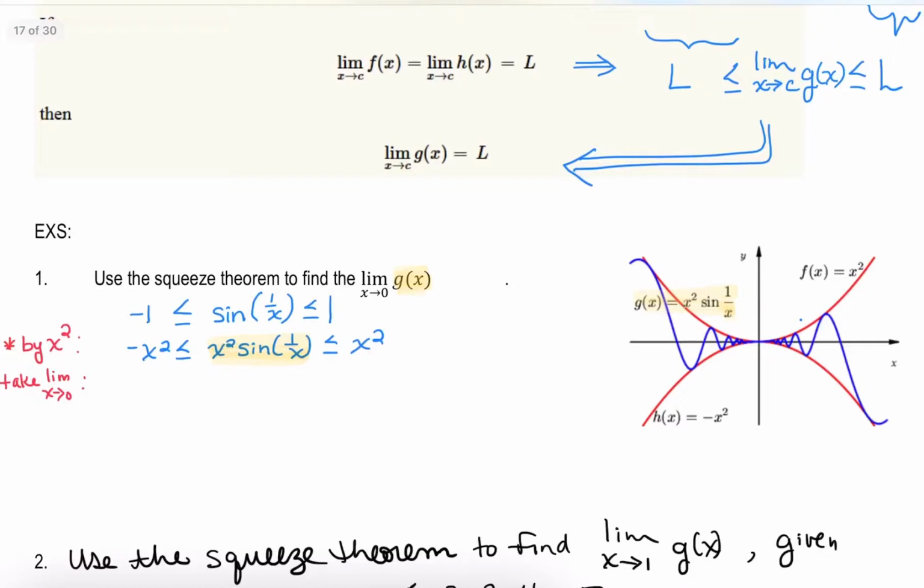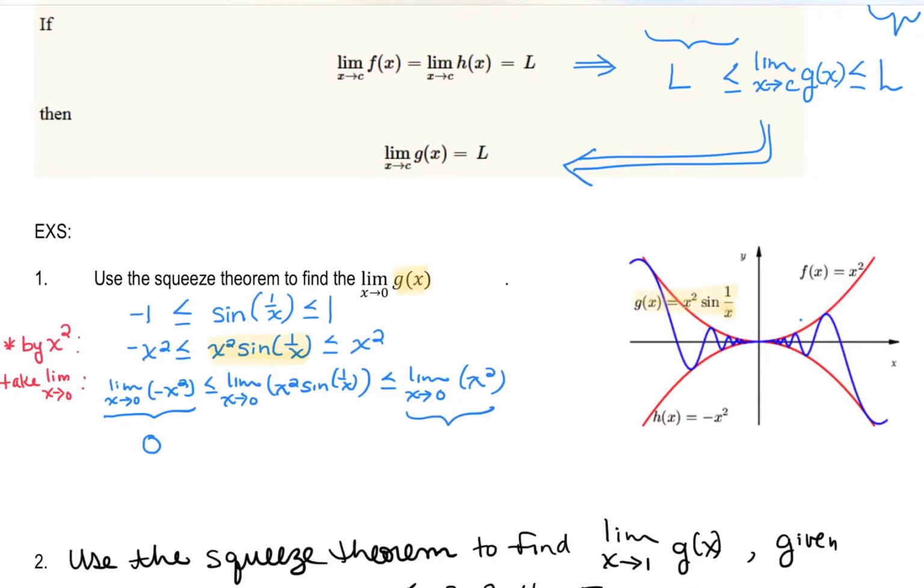So now we know that the limit as x approaches 0 of -x squared is going to be less than or equal to the limit as x goes to 0 of x squared sine of 1 over x, which is less than or equal to our limit as x goes to 0 of x squared. Now we can actually evaluate these limits. This is simply negative 0 squared, that's going to be 0.